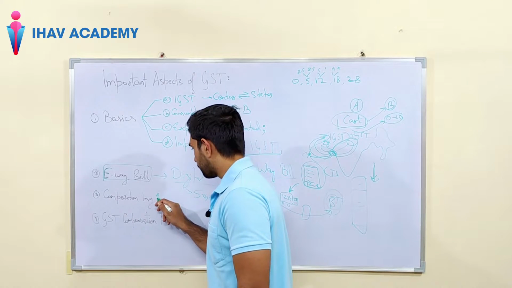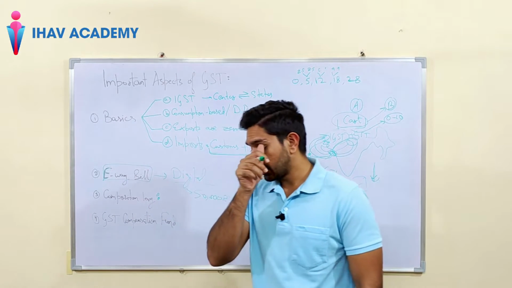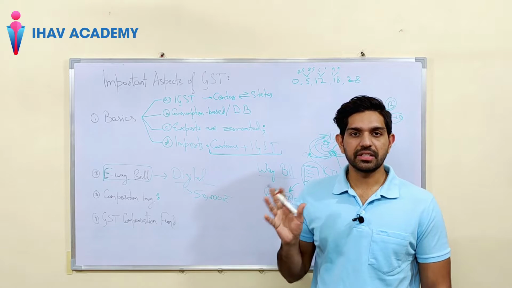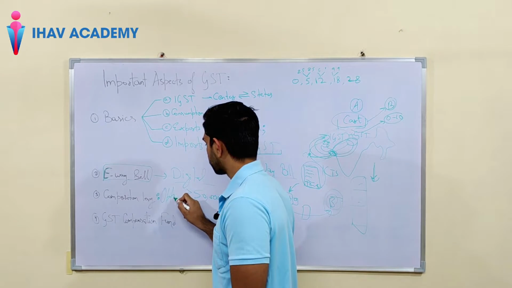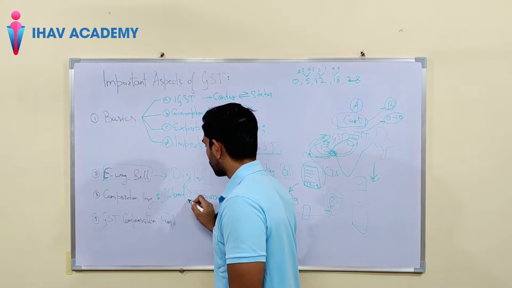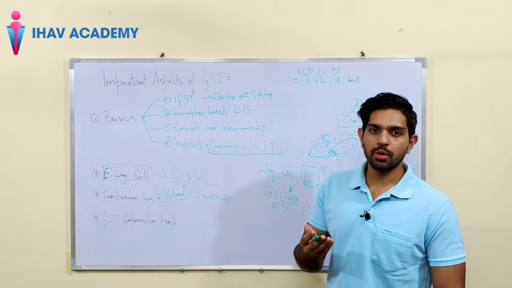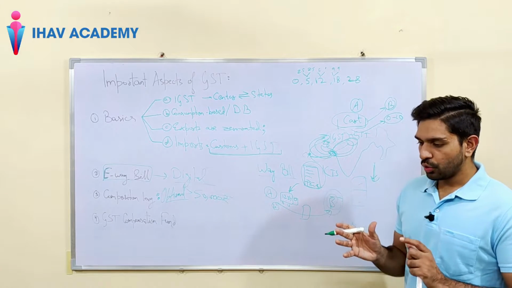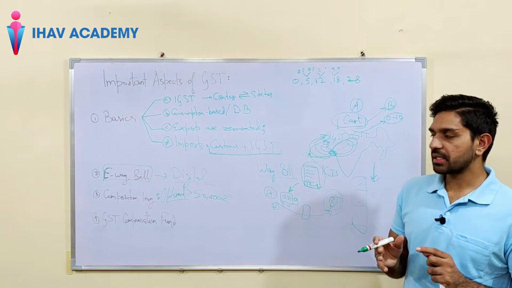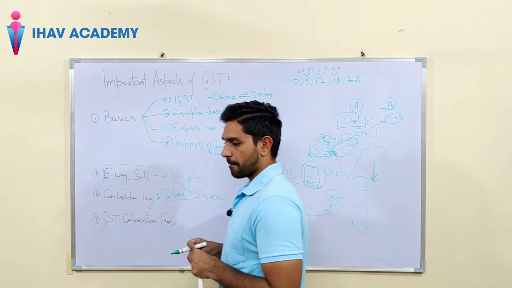In the composition levy, आप एक दो चीज़ें याद रखिए, पूरा समझने की कंसेप्ट ज़्यादा ज़रूरी नहीं है. It is an optional thing. Optional for whom? For small businesses, for small enterprises. They don't have much digital literacy.